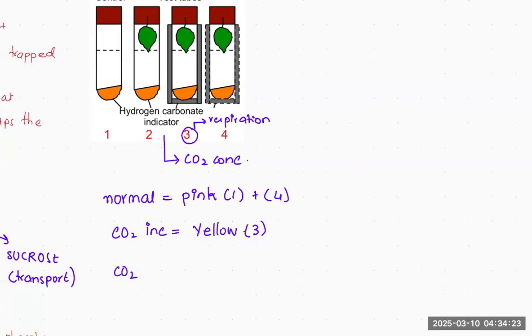Since the plant is undergoing photosynthesis, it will break down the carbon dioxide to make its own food. So it will show you a change in color and it will become purple in color. So if the carbon dioxide decreases, it becomes purple. If it increases, it becomes yellow. And if it remains the same, it stays pink. That's how the hydrogen carbonate indicator works.